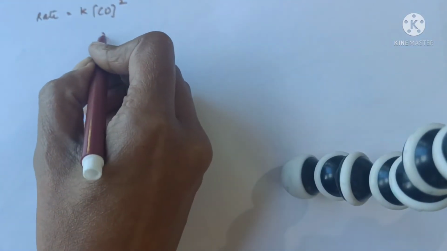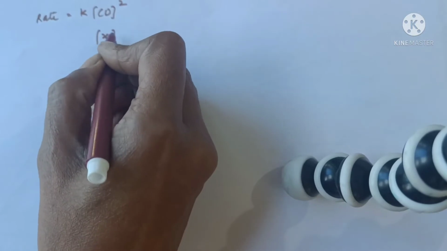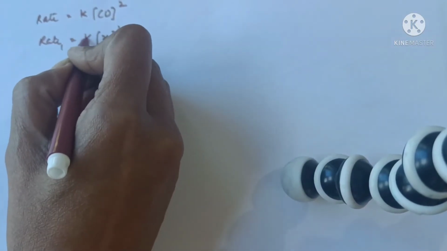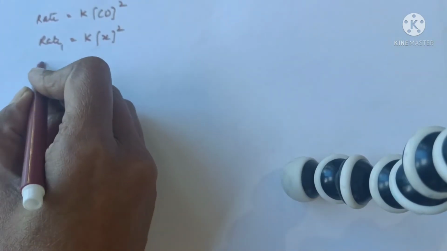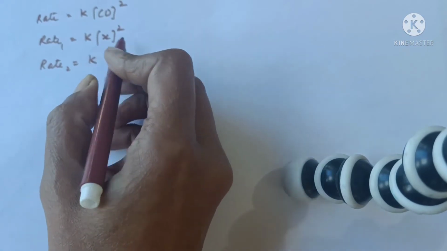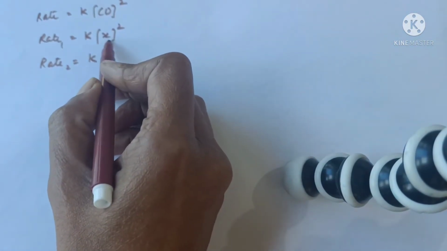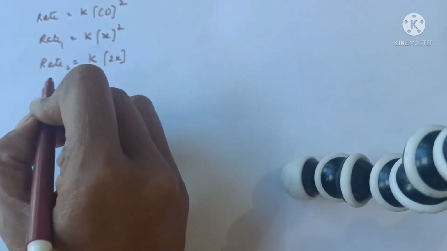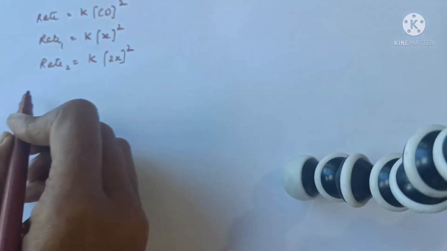If concentration of carbon monoxide is x, then rate 1 is equal to K into x square, and rate 2 will be K into, because the concentration of carbon monoxide is doubled, so it becomes 2x, so equation becomes 2x square.